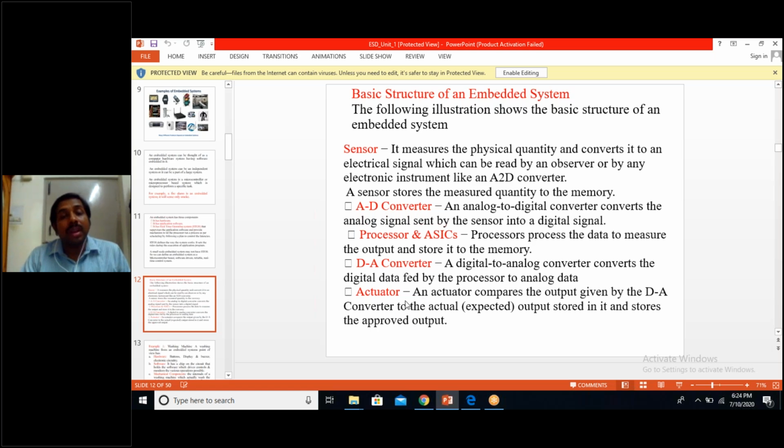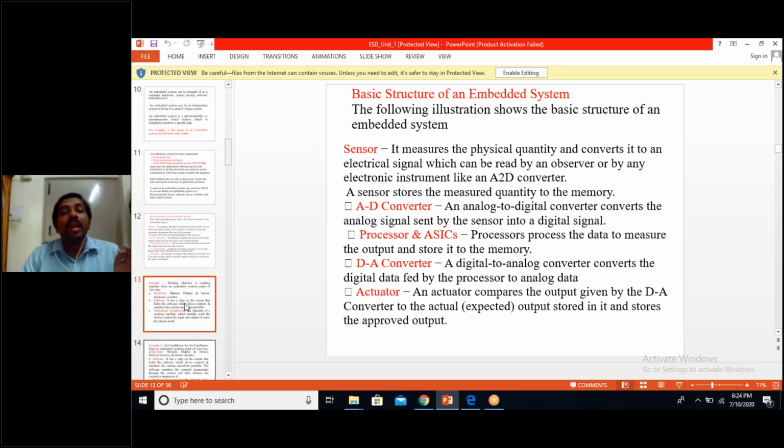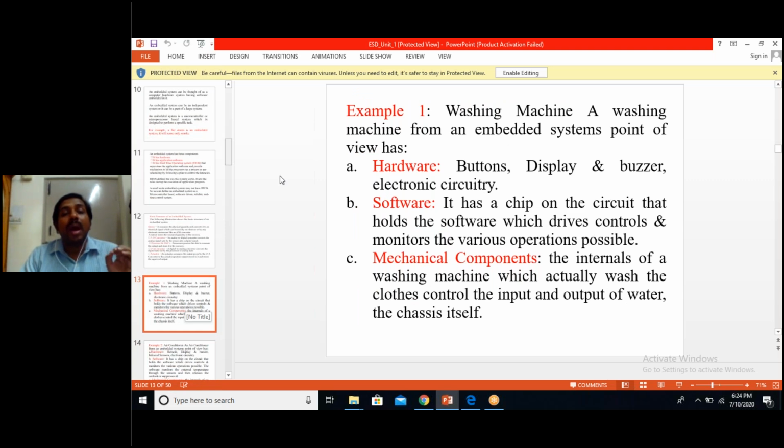This actuator will control the motor, so that the motor will run and cooling will come from the AC outlets, so that the room temperature goes from 38 to 25. Once both temperatures match, the motor will be shut down. Like that, your air conditioner system is going to sense the present temperature and the temperature set by you, and it is going to make the room cooler, or it will maintain the same cooling.